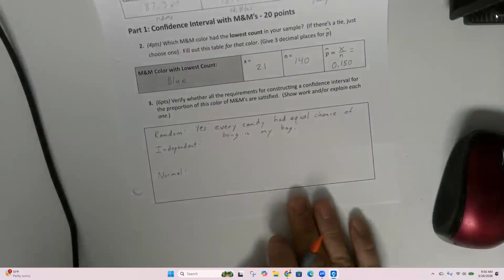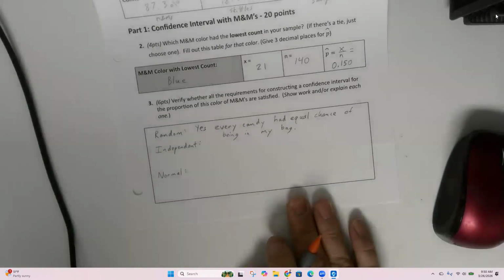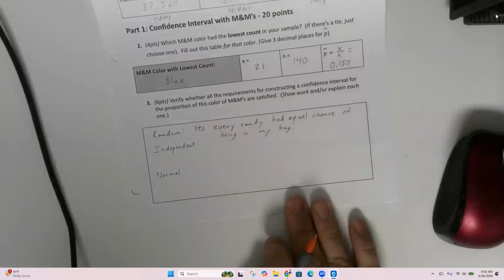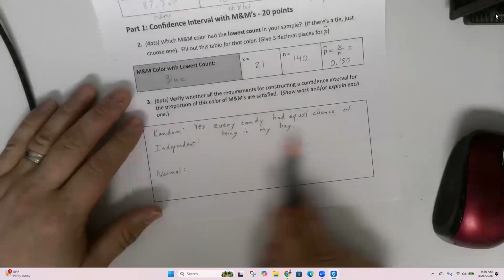In order for a sample to be random, every element of the population, in this case every M&M, has to have equal chance of getting selected. As far as I know, none of you went to the M&M factory and said, "I want all of these M&Ms." You just picked a bag and got what you got. So we're good there.